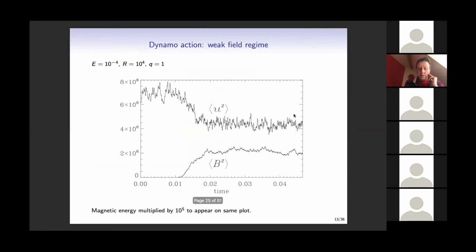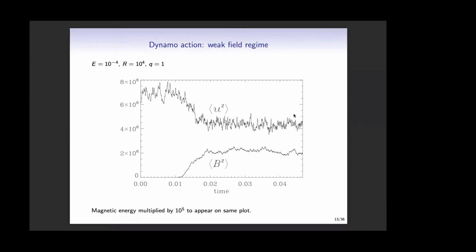So this is what we might call a weak field dynamo, which is the right hand one of those plots that we've just seen, and this is almost what you would expect such a plot to look like. The velocity goes down as the field goes up.